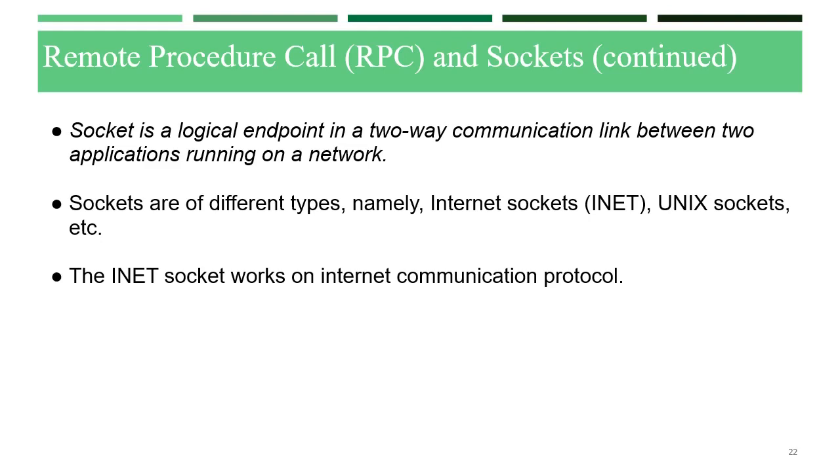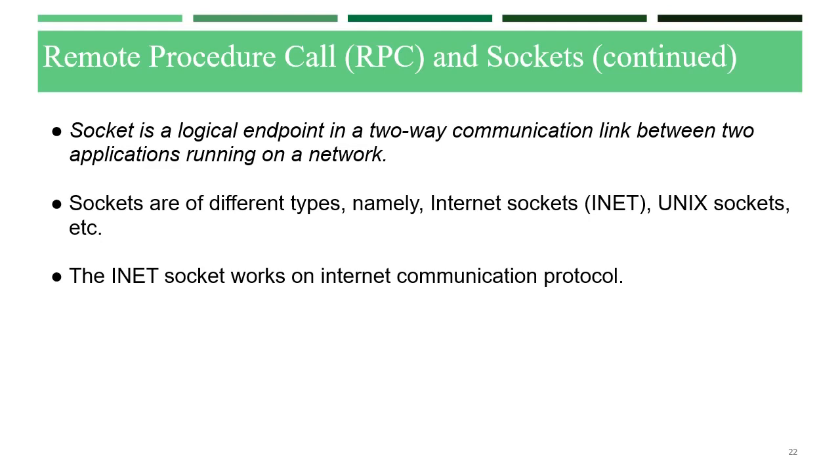Sockets are used for this remote procedure call communication. A socket is nothing but a logical endpoint in a two-way communication link between two applications which are running on a network. A port number is associated with a socket so that the network layer of a communication channel can deliver the data to the designated application.